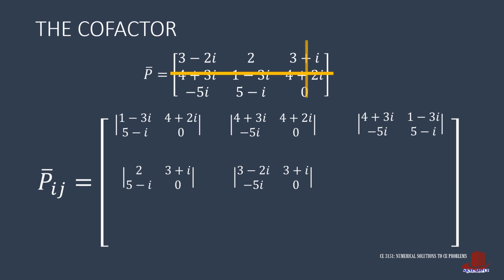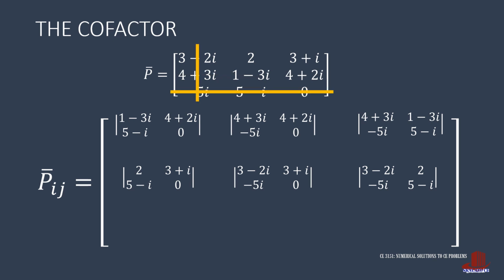Now with second row and third column covered, the remaining elements for the matrix are 3 minus 2i and negative 5i, with 2 and 5 minus i. To complete the minor matrix, cover the third row and start with the first column. The elements remaining are 2 and 1 minus 3i, with 3 plus i and 4 plus 2i.